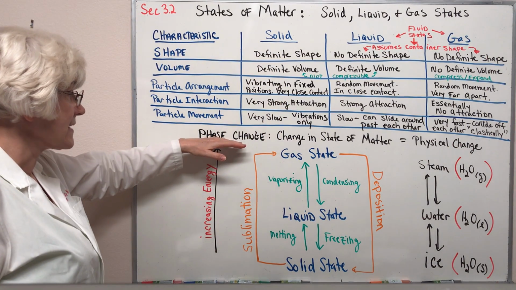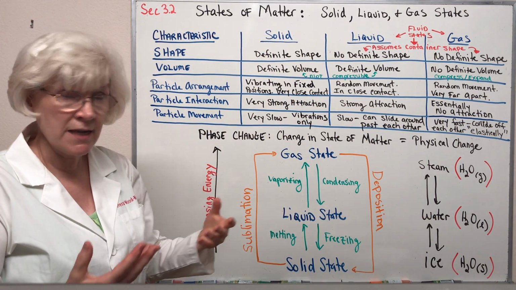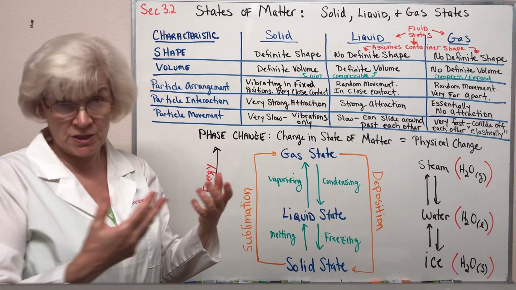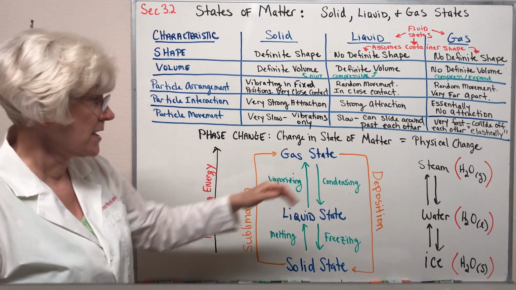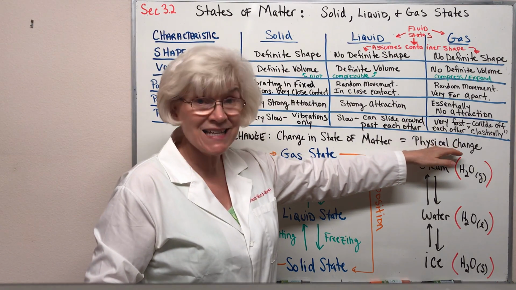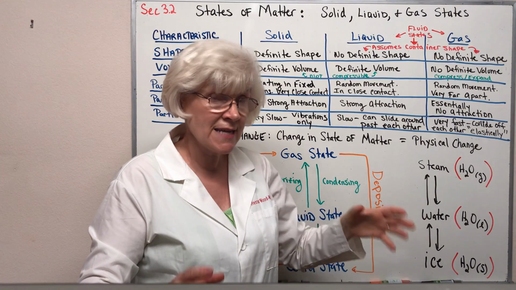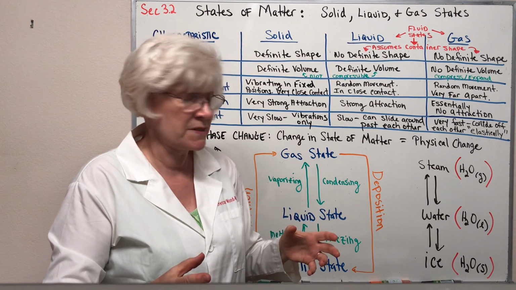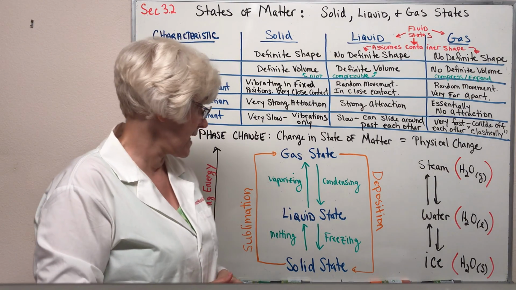Let's take a look at phase changes, how states of matter can change from one physical state to another, known as a phase change. And we would call these examples of physical changes because we're not changing the identity or composition of the substance, just the physical state or phase that it's in.